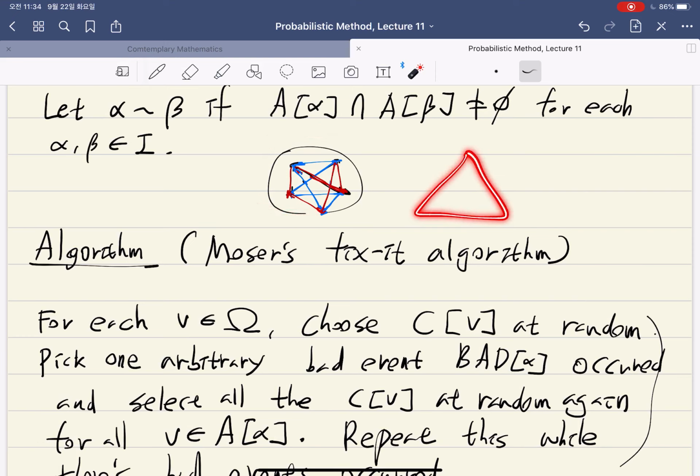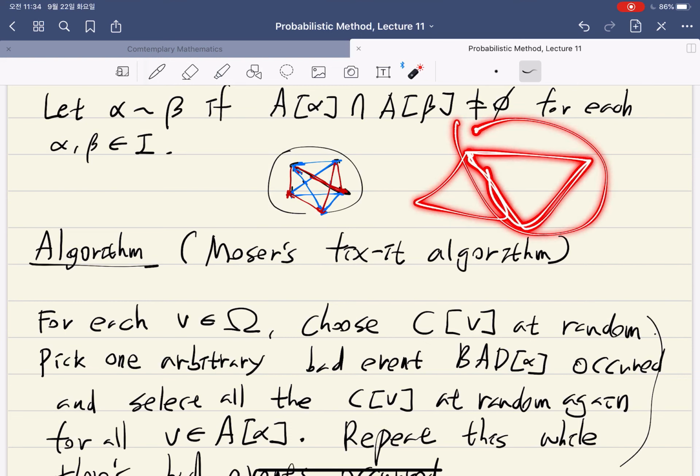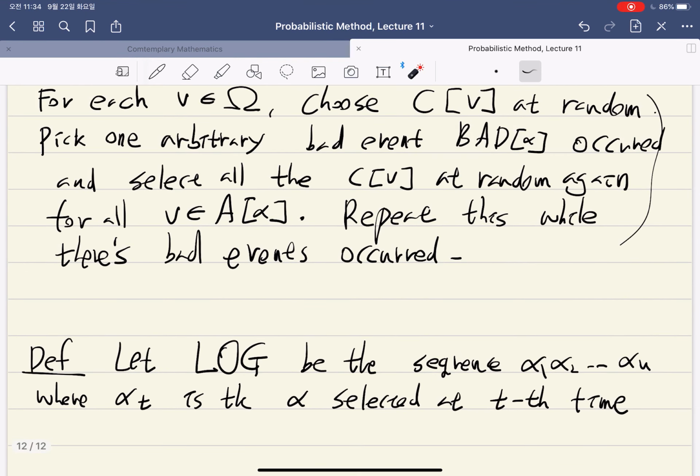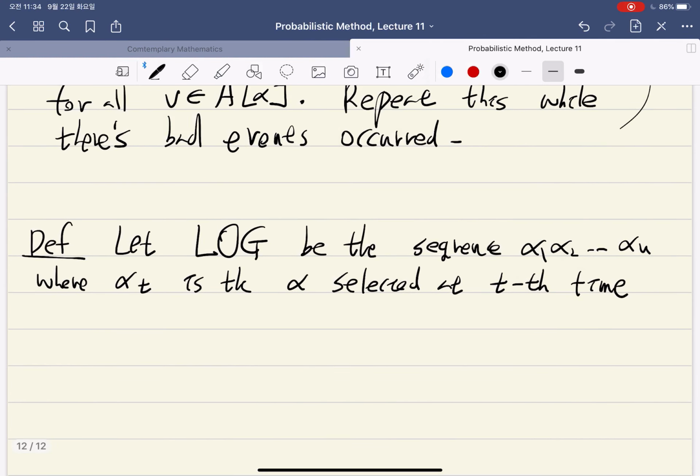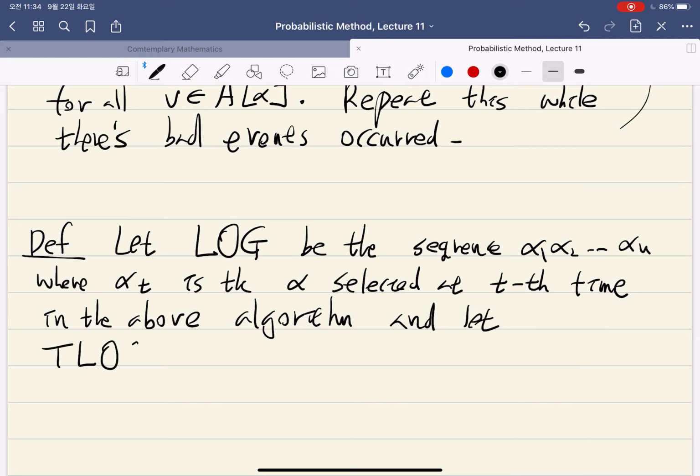There was a triangle which was not monochromatic, but because we resampled this triangle, now this is no longer monochromatic, but this might become monochromatic. But you don't care, you just keep doing this. And while doing that, the choices that you make, you just record them. Then that's log. And once it has ended, let's call the terminal log, the length of log, u.